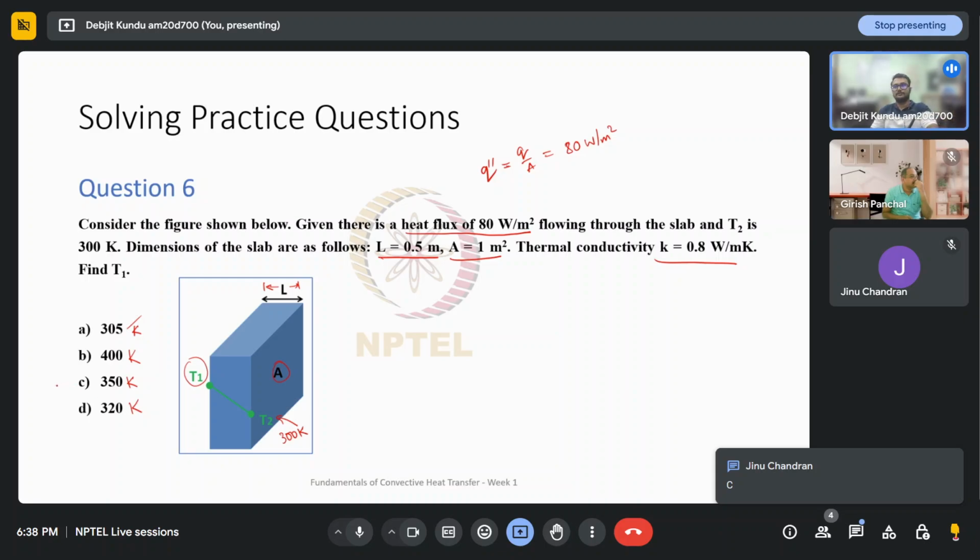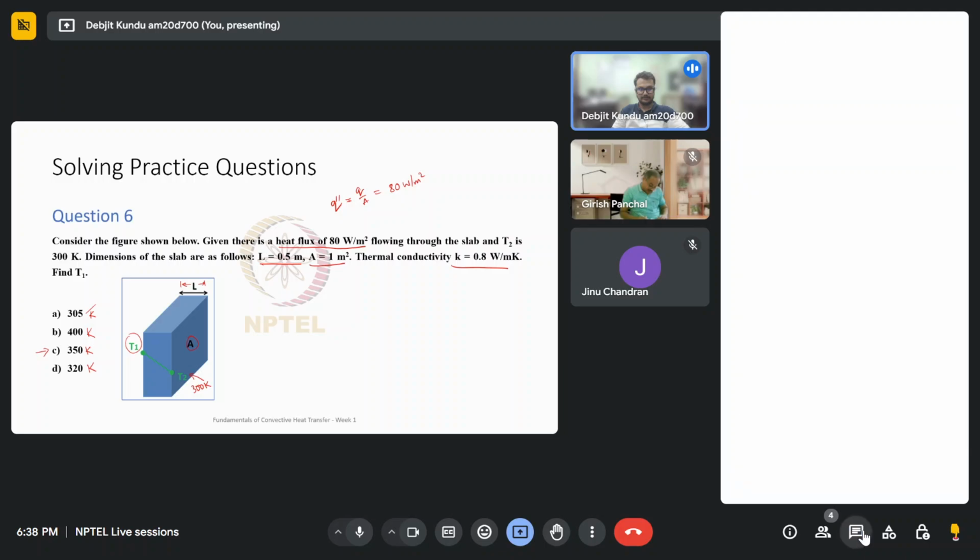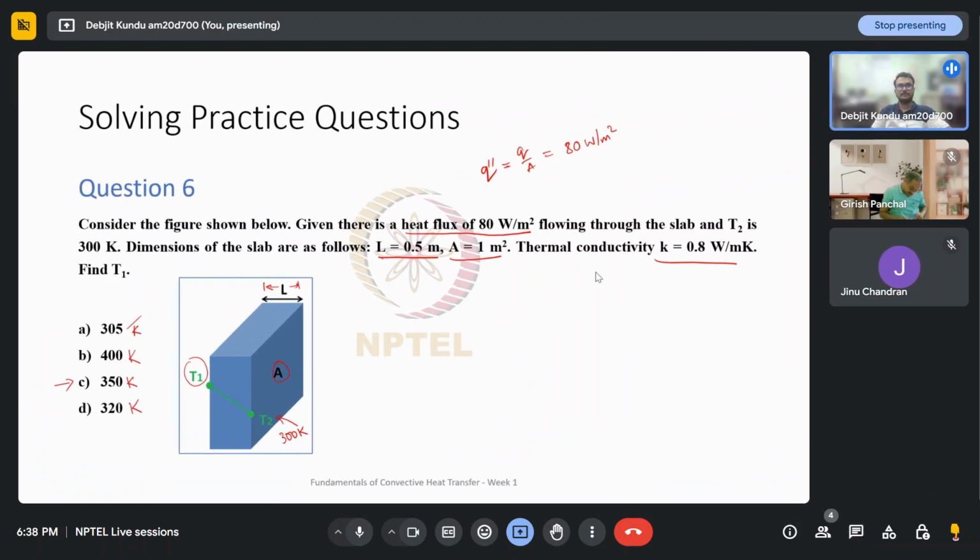Okay, we have one response in favor of option C, that is 350 Kelvin. There's no hurry, take your time, and once you have correctly solved this problem, you can type in your answer in the chat box.